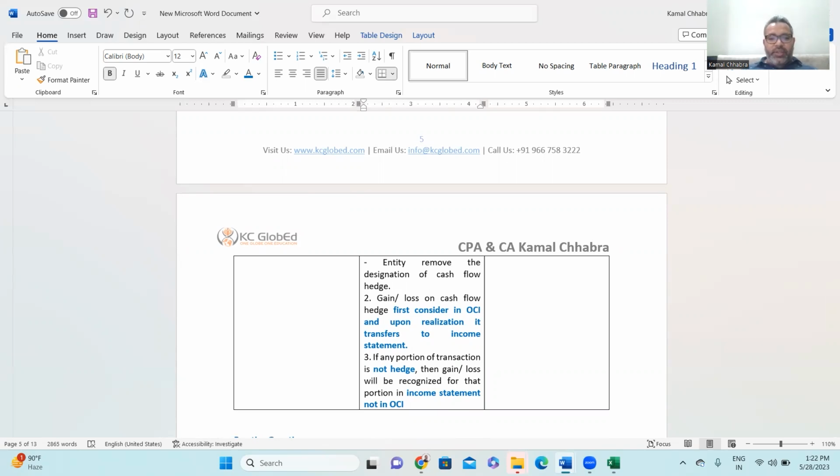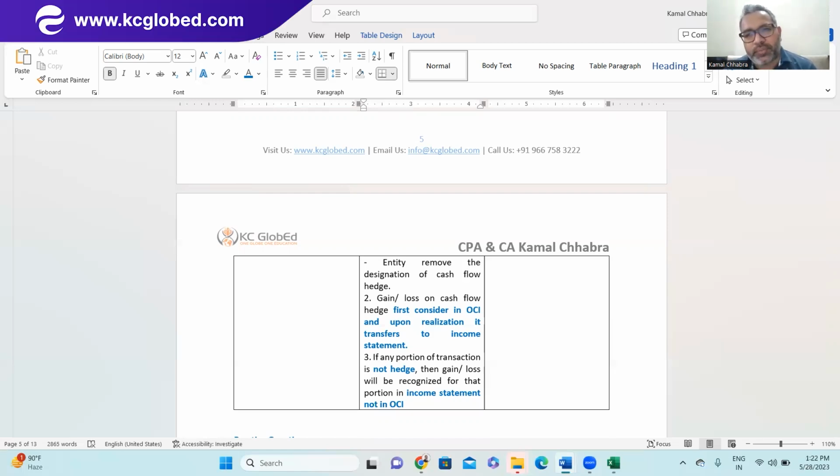If any portion of the transaction is not hedged, it is possible that partially you will be hedging and partially you are not hedging. So let's say you have taken an external commercial borrowing for $1 million, and your EMI is $20,000. And you said, I would like to hedge the principal repayment, but not the interest repayment.